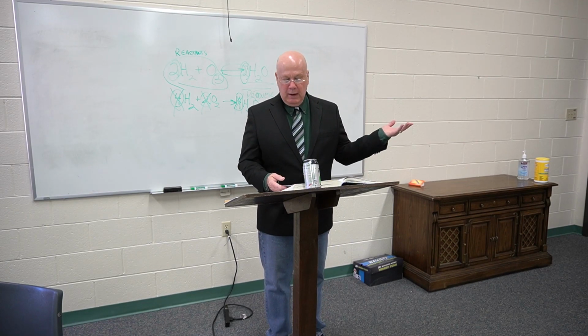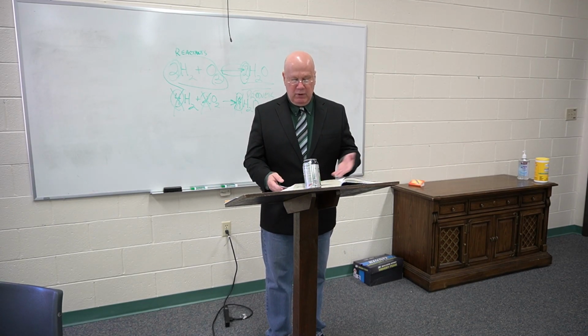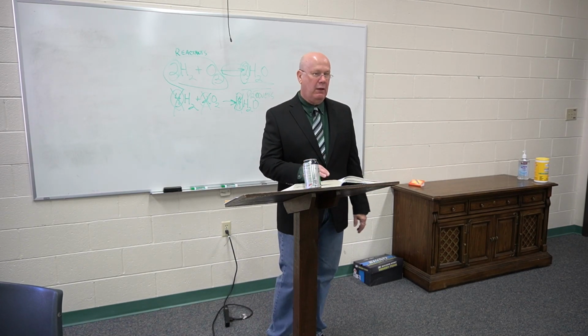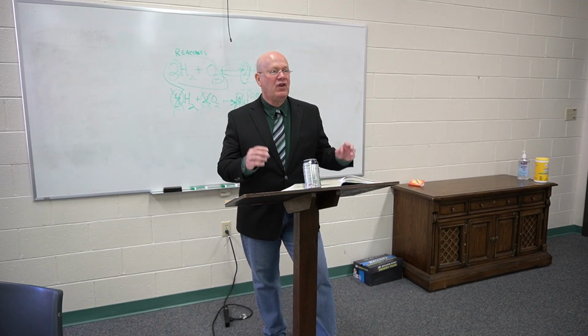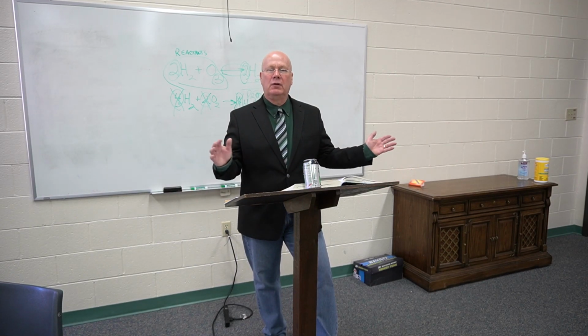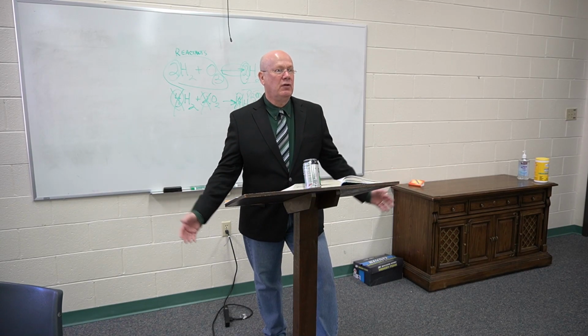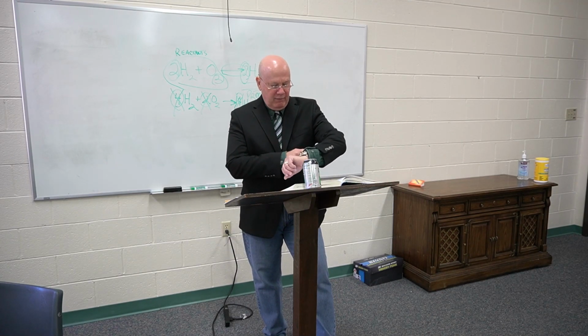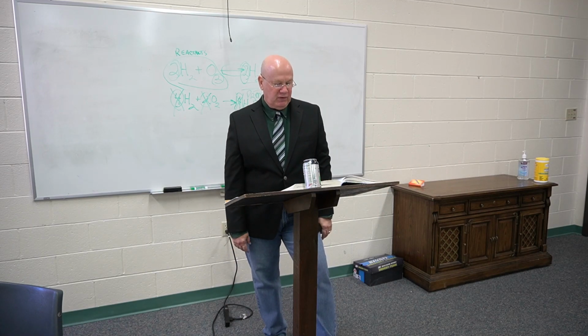In balancing this one, they don't do it for you in this example. They just ask if it is balanced or not. But the point is, you start adding up on each side and changing things a little bit, getting to the point where you have equal numbers on both sides.